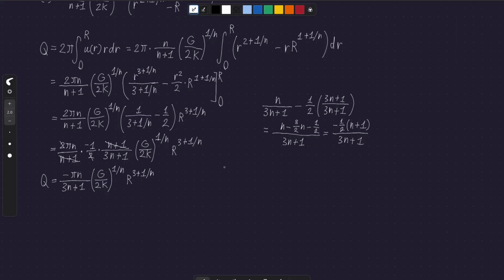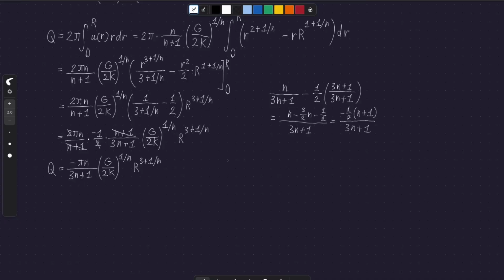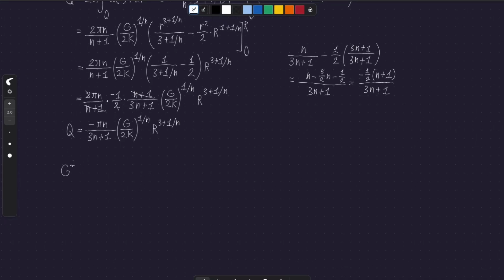Okay, now all that's left is to isolate G and rewrite it as delta P over L. So we will isolate G. We can actually remove the minus because we know it's a pressure drop.